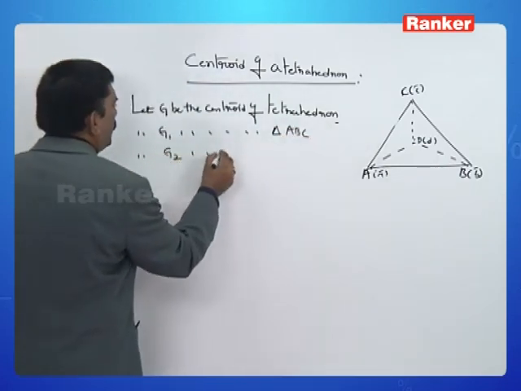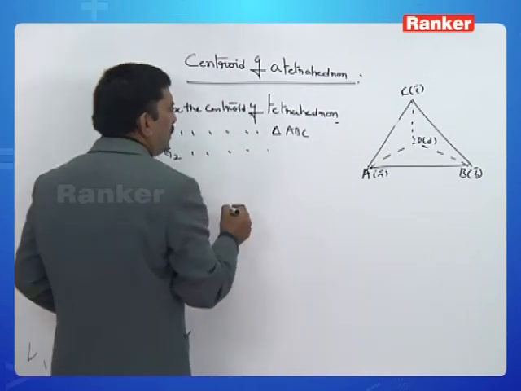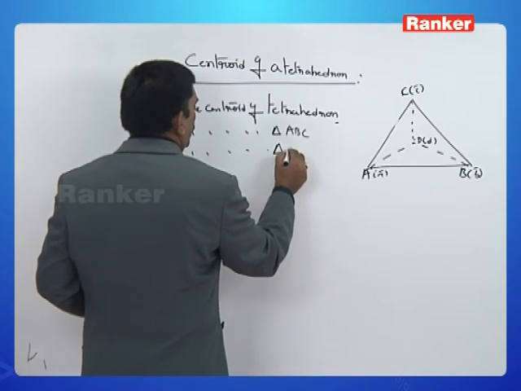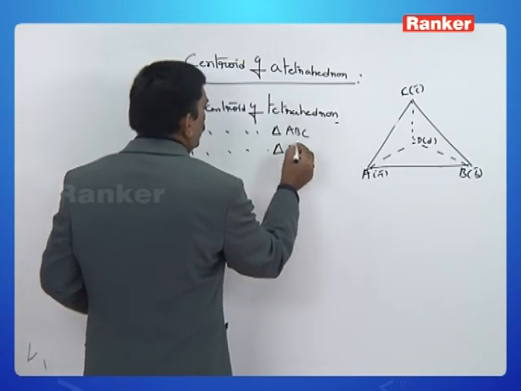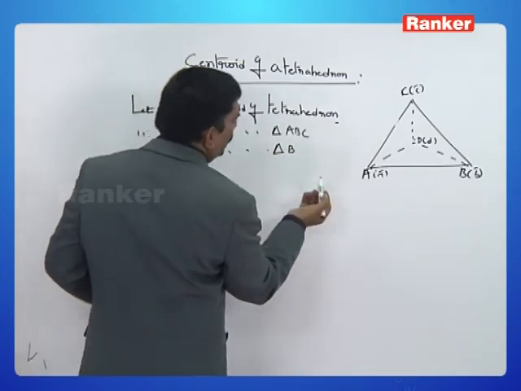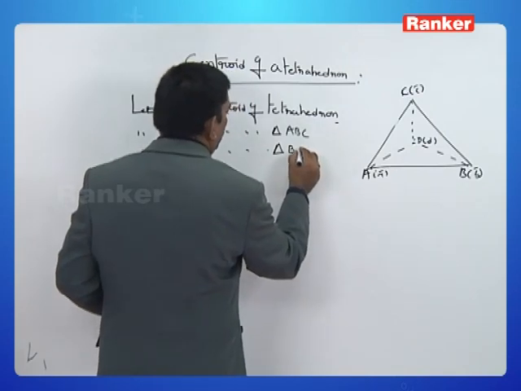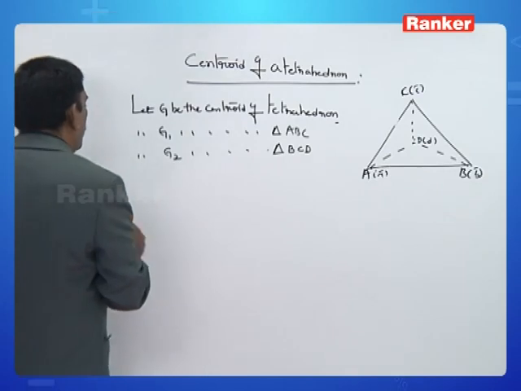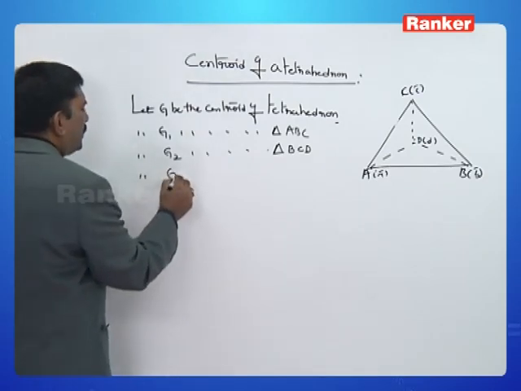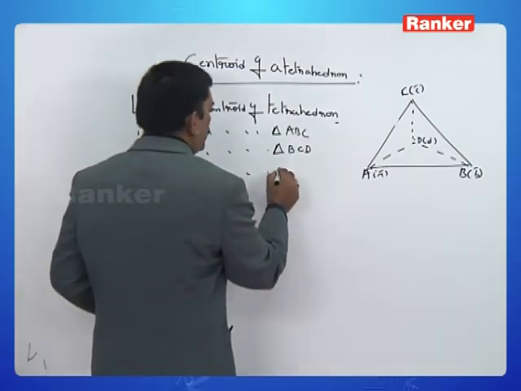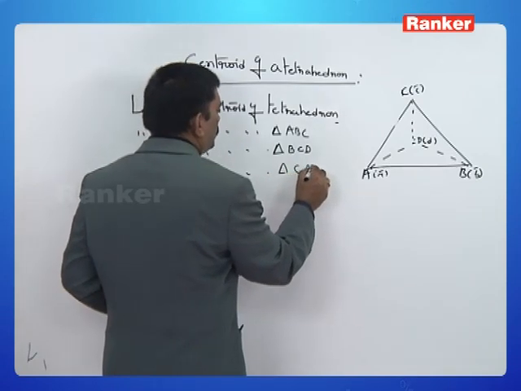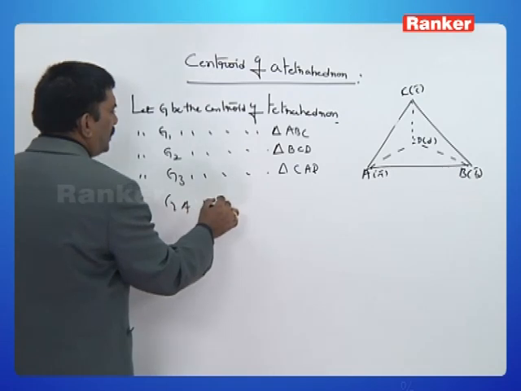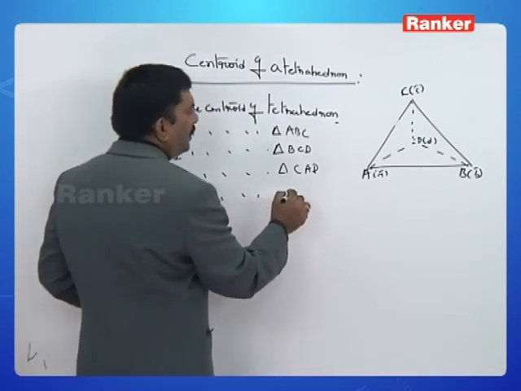G2 be the centroid of triangle BCD, as you please. Next, G3 be the centroid of triangle CAD, and G4 be the centroid of triangle ABD.